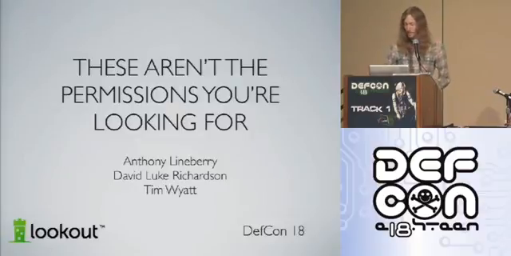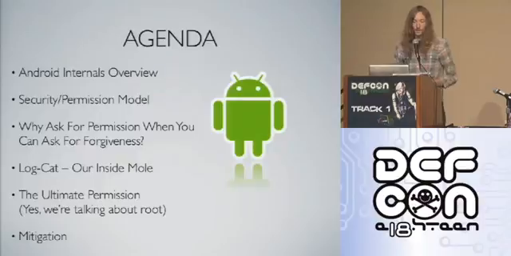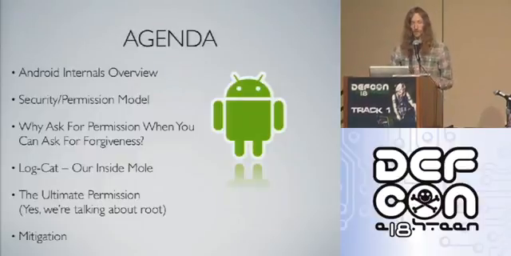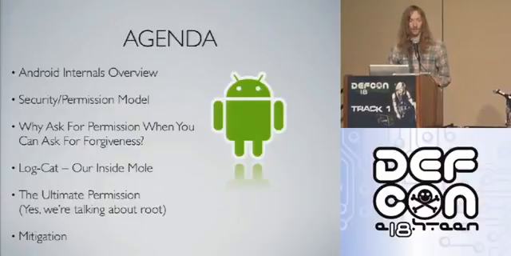The things we're going to talk about today: we're going to do a brief, boring overview of the Android internals, just to get people who don't have any context of what some of these components are up to speed a little bit. Then we're going to talk about the security and permission model, a brief overview of that and how the sandboxing works.